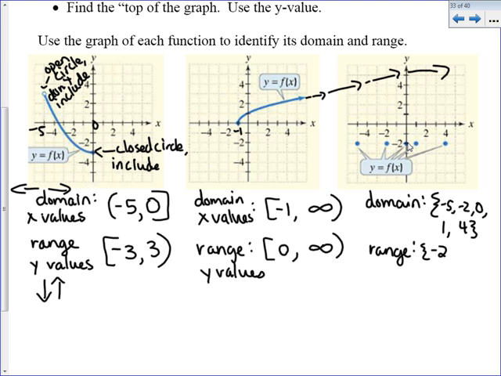How many times do I need to put that -2 in this set? Just once. So even though there's 5 points, there's only 1 number in my range. So question, would this be a function or not a function? It's a function. The x values don't repeat. Questions?